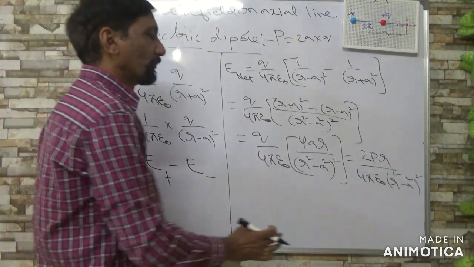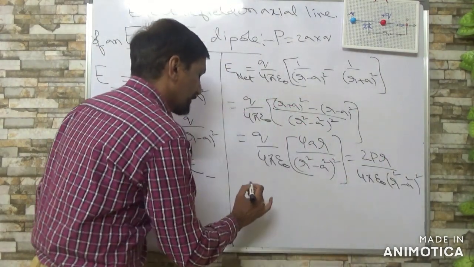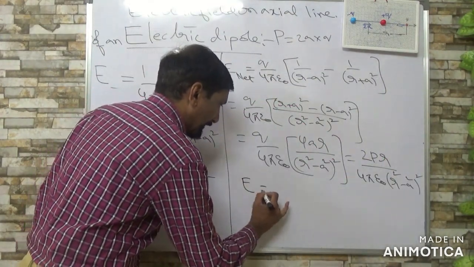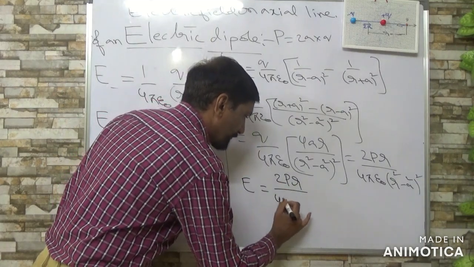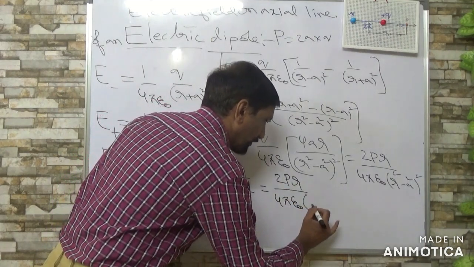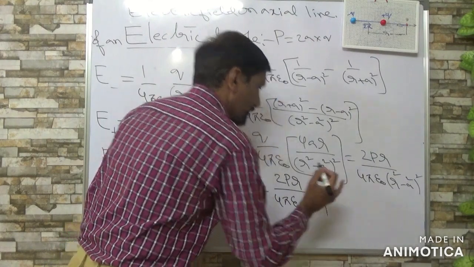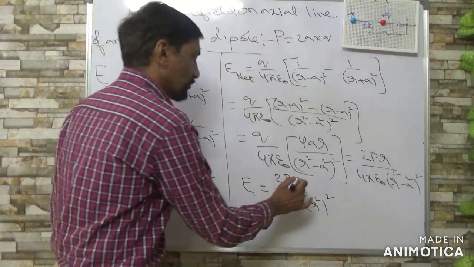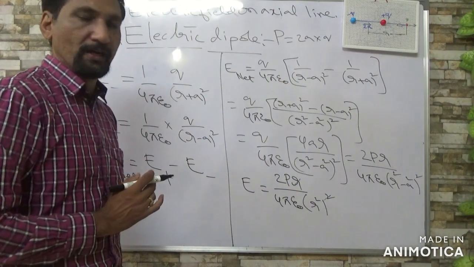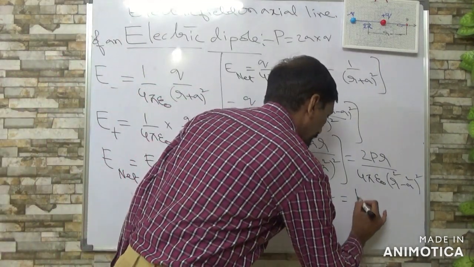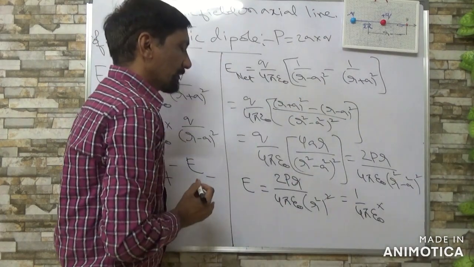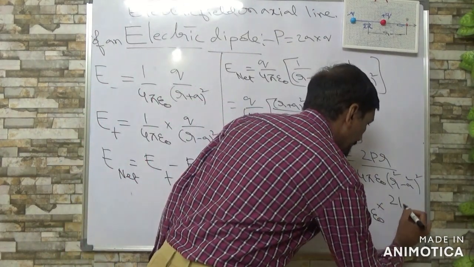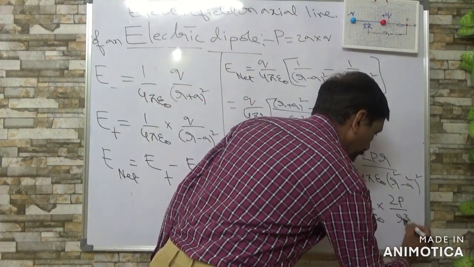So if you neglect this a square, you get the electric field strength: 2pr by 4 pi epsilon naught into (r square) whole square. One r gets cancelled, so you get 1 by 4 pi epsilon naught into 2p by r cube.